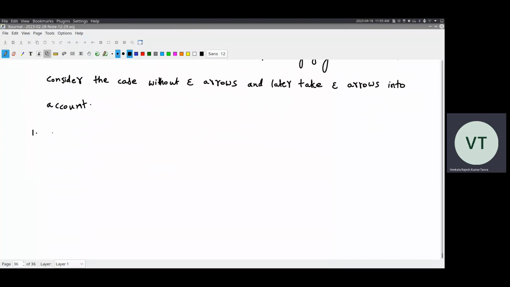Okay, so first, what is Q dash in terms of Q?